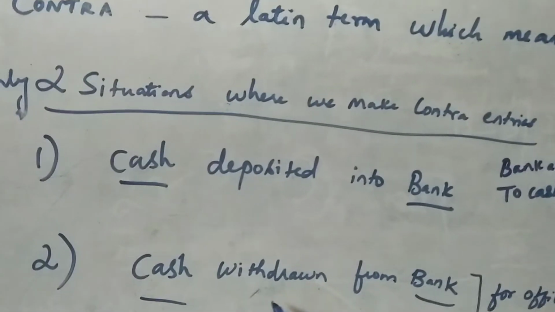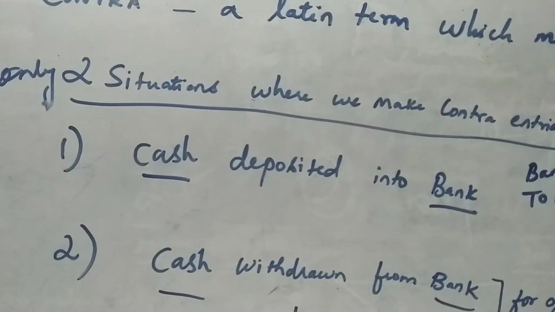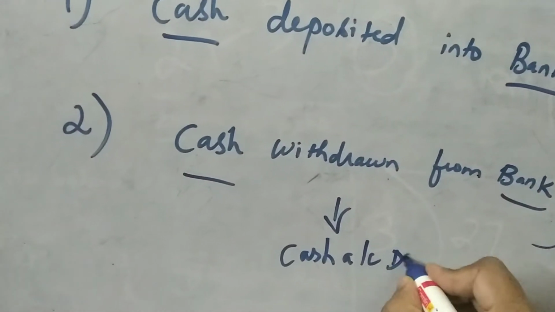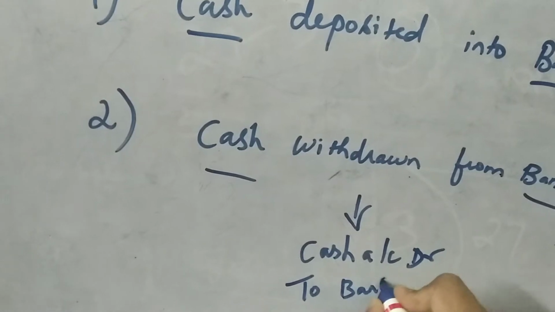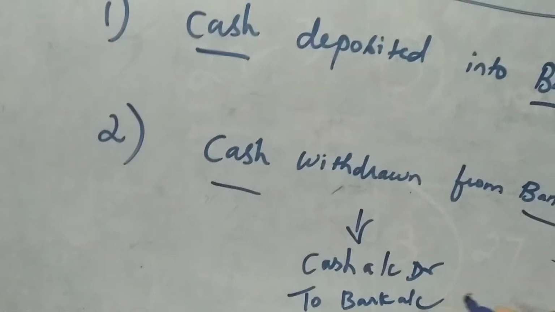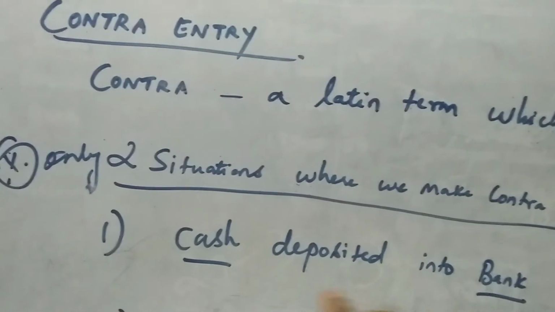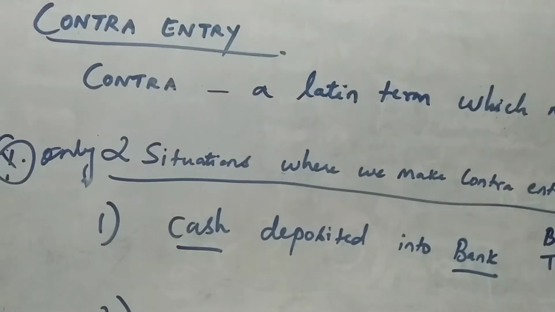So for this case, cash withdrawn from bank, what will be the journal entry? Cash account debtor to bank account. So able to understand? You will have contra entry when both cash and bank comes in the same transaction.